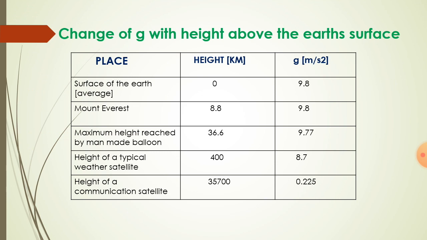The maximum height reached by a manned balloon, here the height is 36.6 and g is 9.77. At the height of a typical satellite, the height in kilometer is 400, and g in meter per second square is 8.7. Then the height of a communication satellite is 35700 kilometer. With respect to g, it is 0.225 meter per second square.